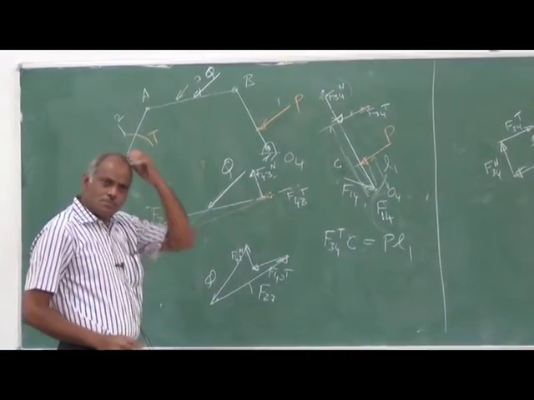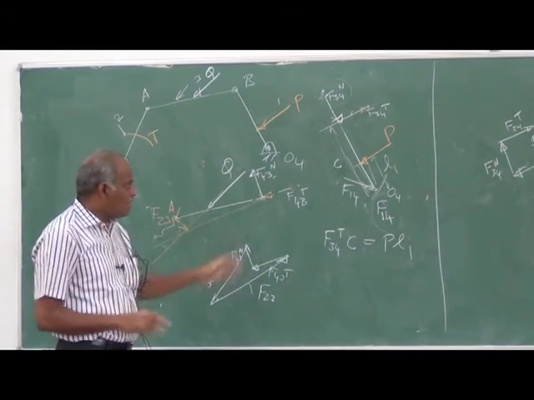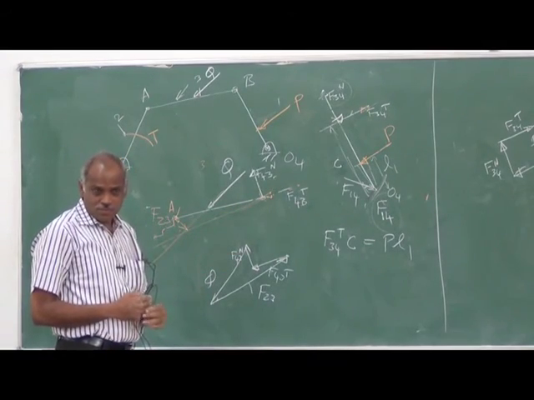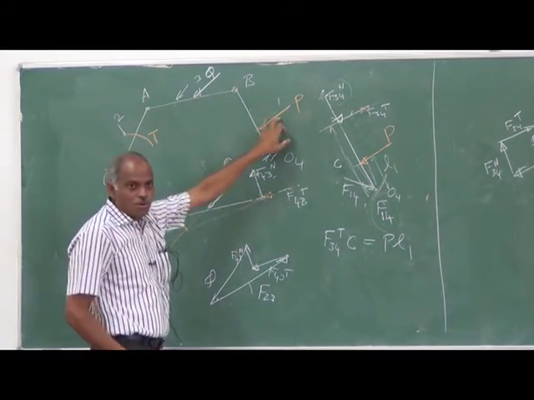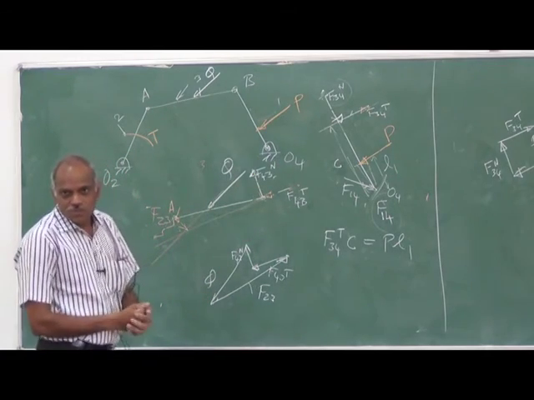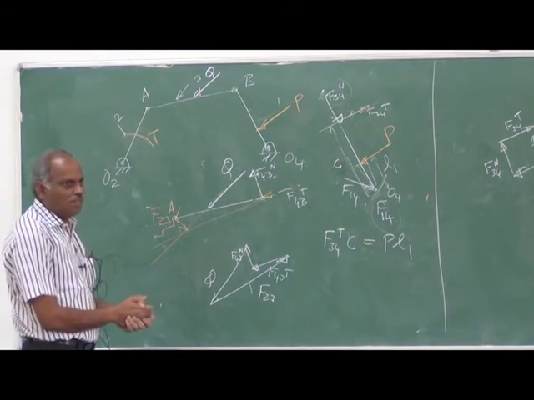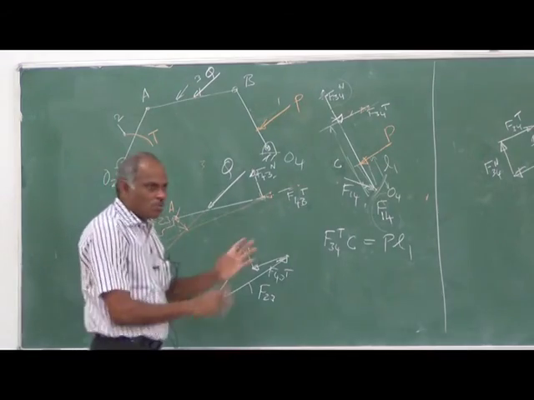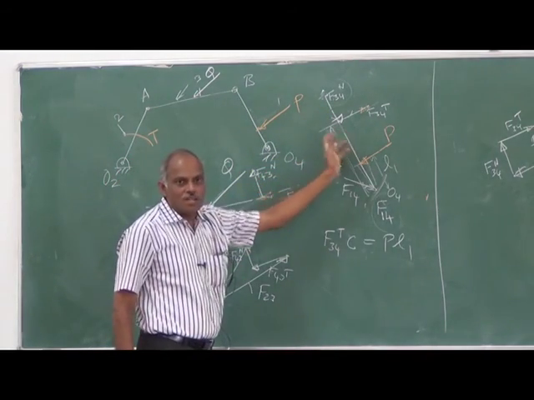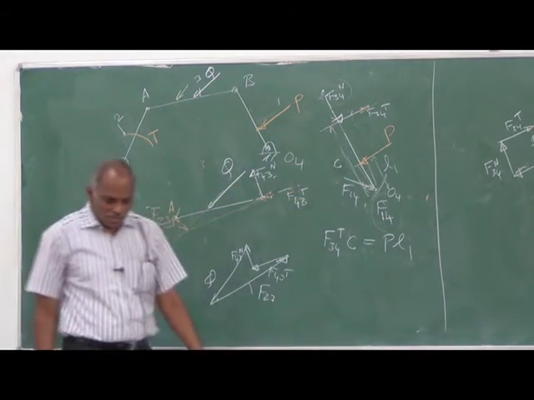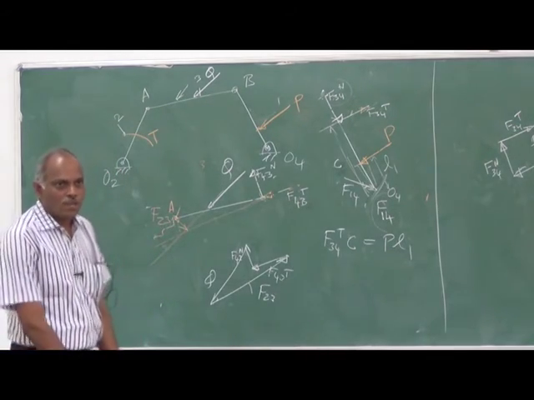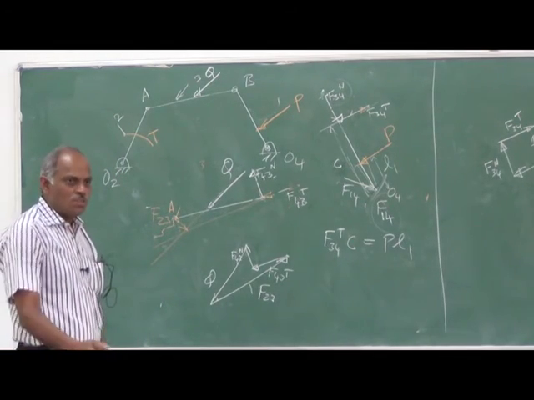So you can solve if you have any problem also. If you apply one more force here, no problem. You can solve by this particular method where you split this into a normal and tangential component, taking moment, you can get the output. Okay, so this is a procedure, if you go through.